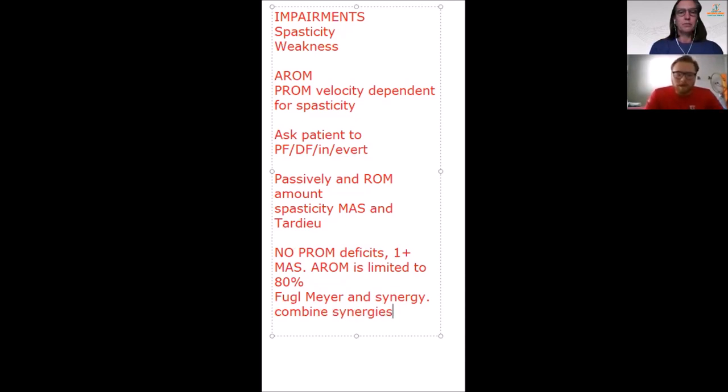So for the lower extremity to combine synergies, if I remember correctly, she would be seated and then trying to perform full active knee flexion past the 90-degree mark, I believe. Okay. And I'm going to tell you that she's going to score a 1 on that.